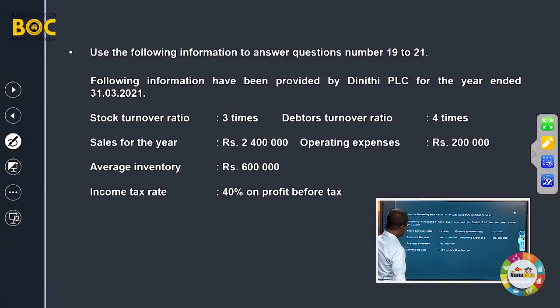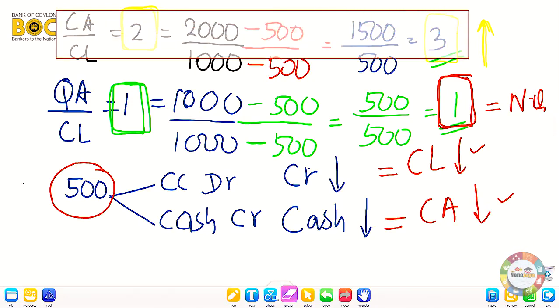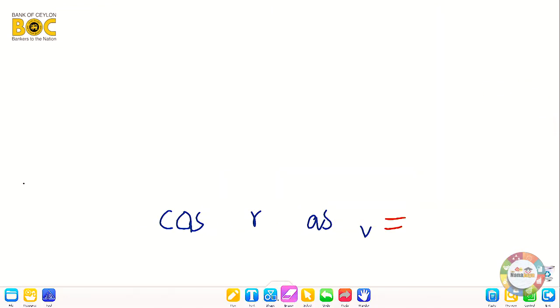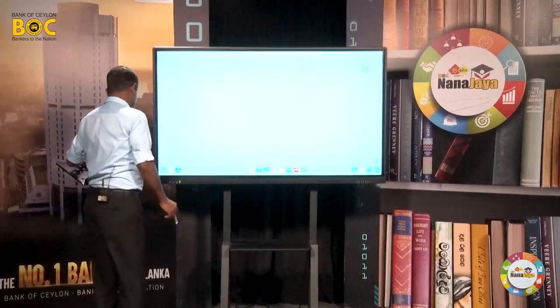The sales for the year is given. The inventory turnover ratio is also given. The gross profit we can calculate using the sales and cost of sales.